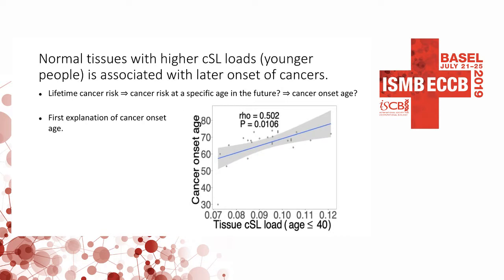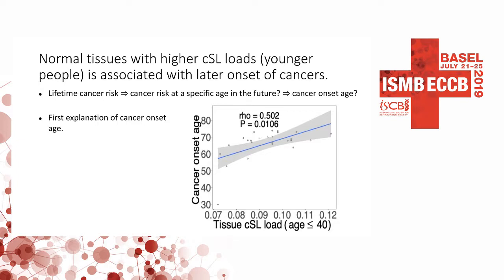The next important result that we want to talk about is that CSL loads can explain to some extent cancer onset age variation across tissues. We hypothesize that for younger populations, tissues which have high CSL load will delay the onset age of cancer, because SLs are negative for cancer.